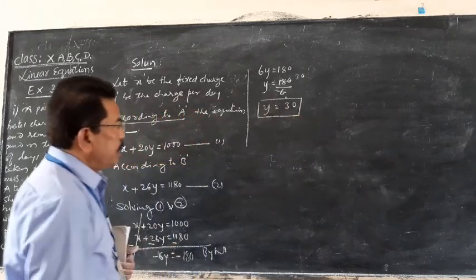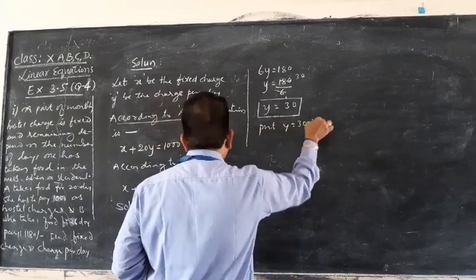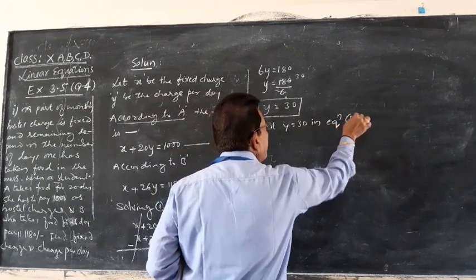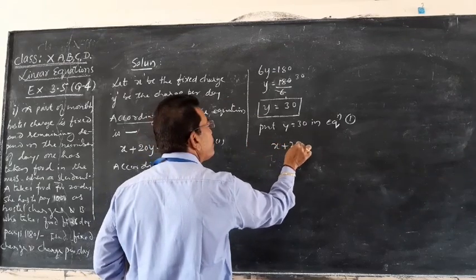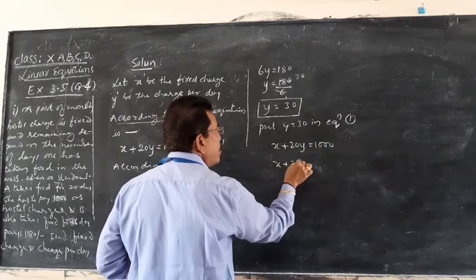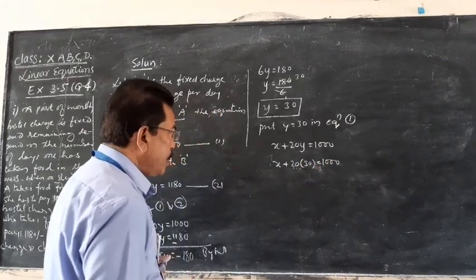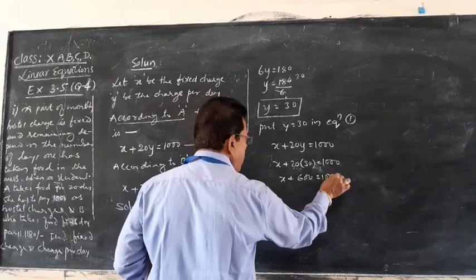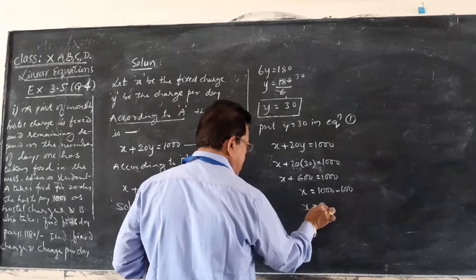Put y equals to 30 in equation 1. That is x plus 20y equals 1000. x plus 20 into 30. So x plus 600 equals to 1000. x equals to 1000 minus 600. That is x equals to 400.